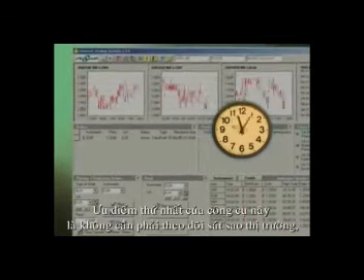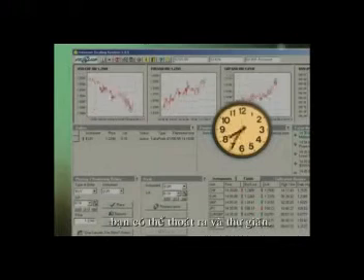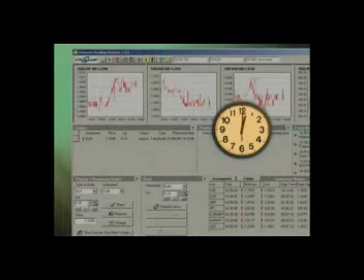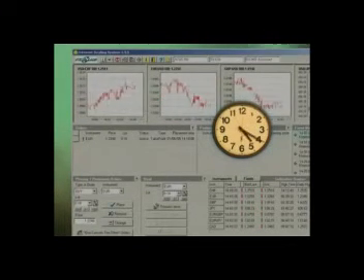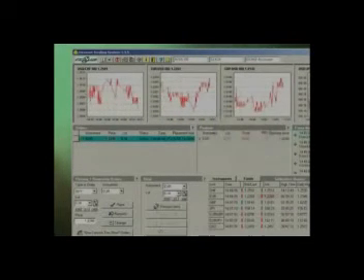The first advantage of such an approach is that we do not have to follow the market. We can go off and relax. The second is that the deal will be made at exactly the specified price.